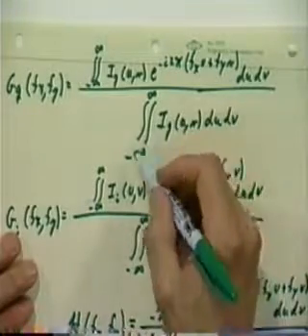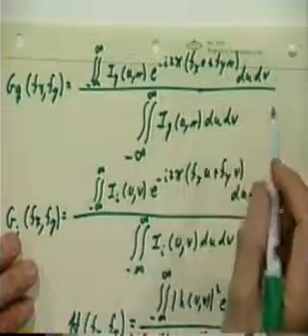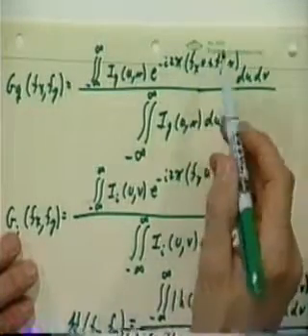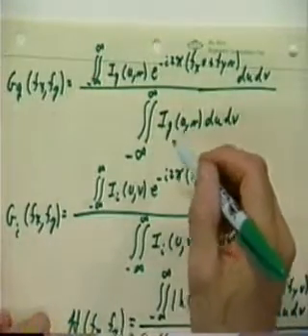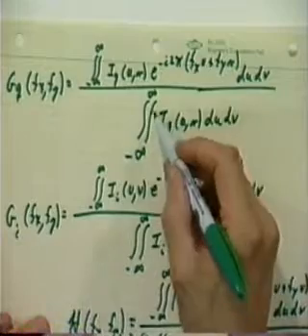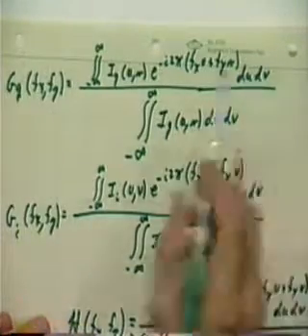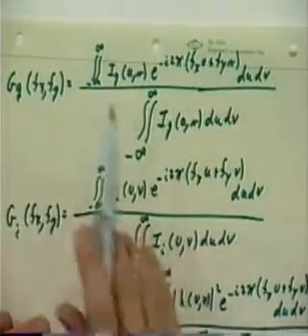And then we normalized this so that at zero spatial frequency, this would be equal to 1. So we just repeated what we had upstairs, downstairs, and put in zero spatial frequency. And we get the integral of I sub g du dv.